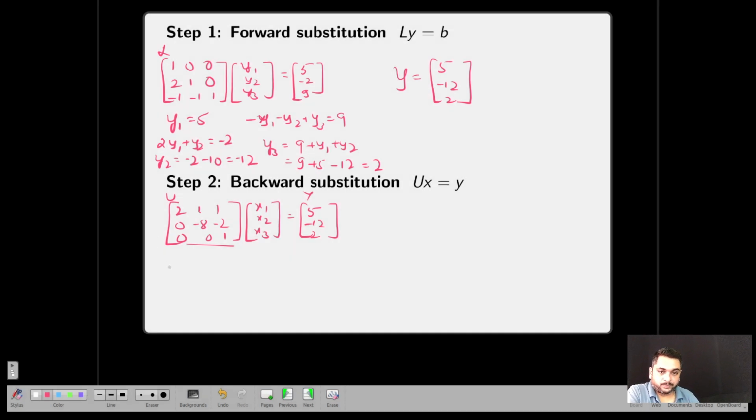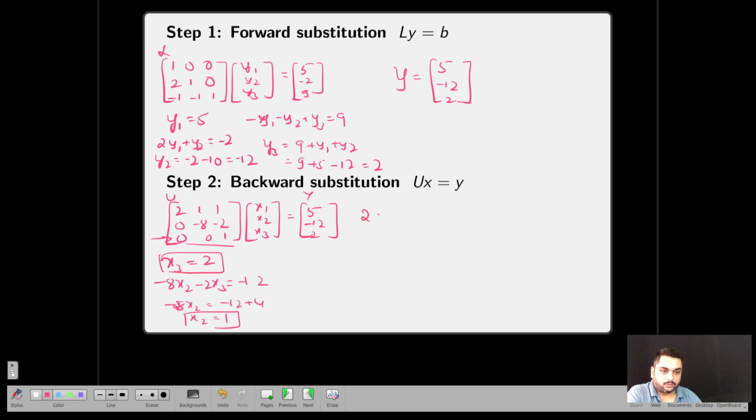I get x3 equal to 2 from this. Then -8x2 minus 2x3 is equal to -12. If I solve this, -8x2 is equal to -12 plus 4, so x2 is equal to 1 and x3 equal to 2.